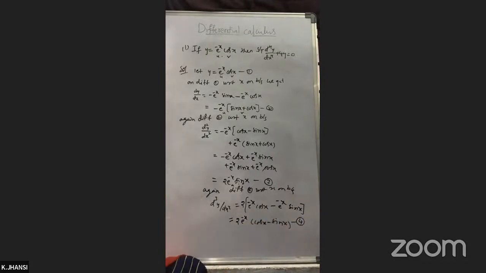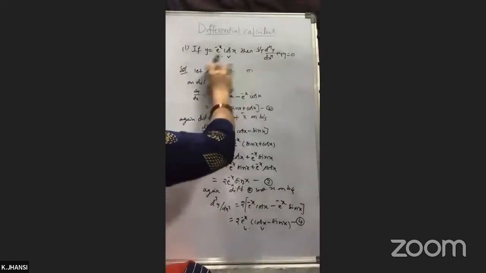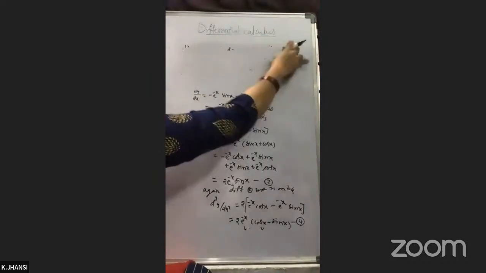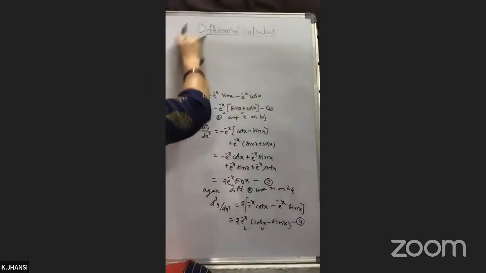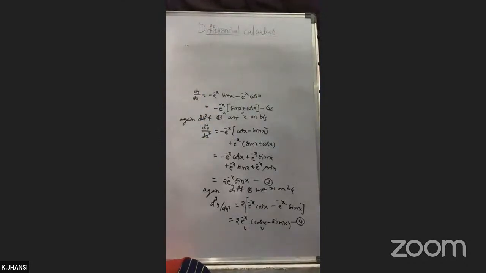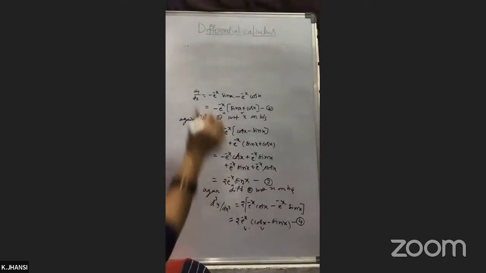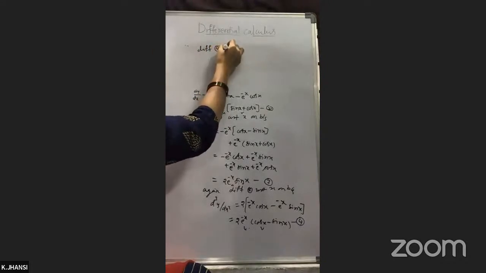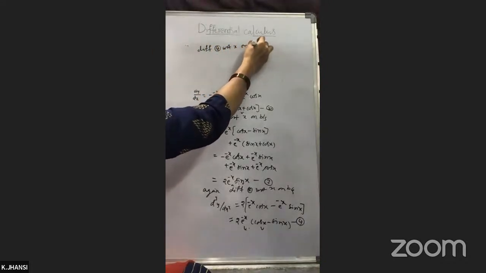So we need d to the power of 4 by this, no? So now again this is in the form of uv only. So whenever you do the differentiation of 2 terms, then you'll get all the uv terms only. So now you write differentiate 4 with respect to x on both sides.